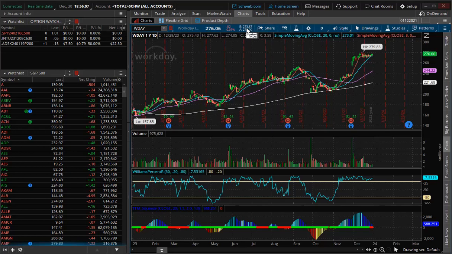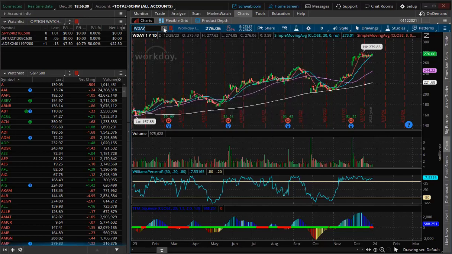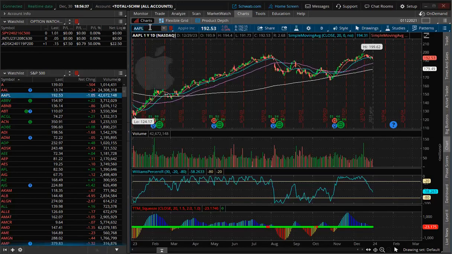Here you see the last current bid and ask for the stock, for people who are buying stock, the current price, the full name of what WDAY stands for, and then this box where the symbol goes. This is where you can type in the symbol, AAPL, Apple, and you get your Apple chart.